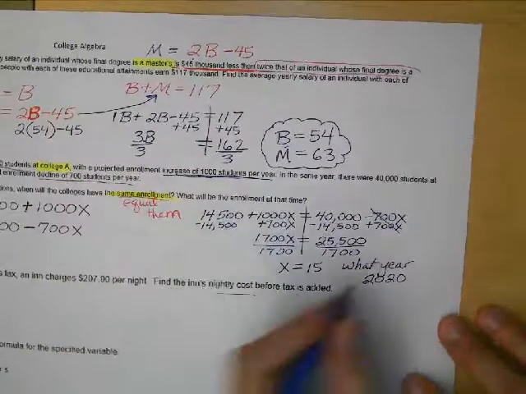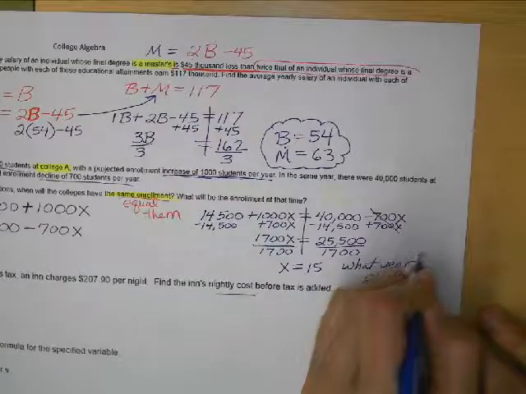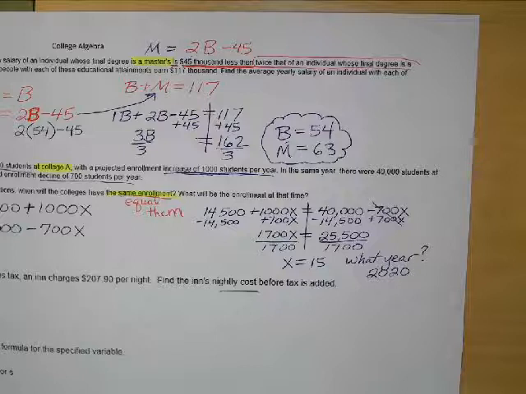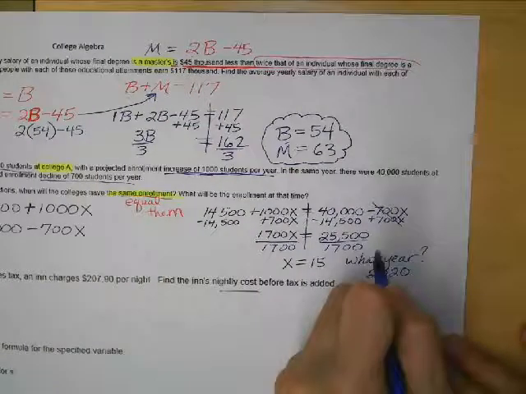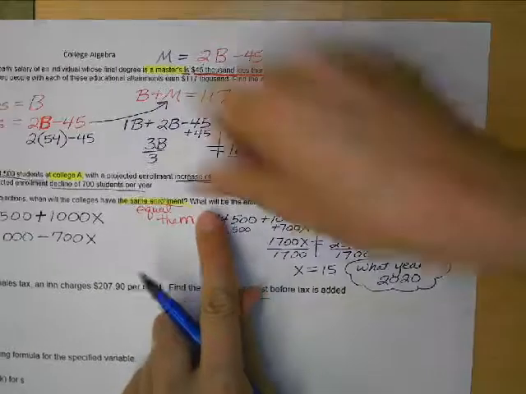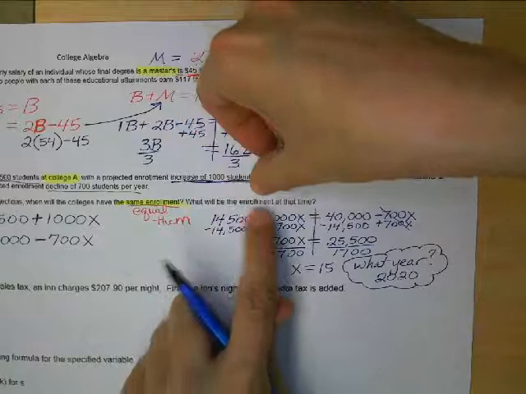That's why I put this one on the note sheet and wanted to talk about it, because sometimes you get the answer X and that's not the final answer yet. They want to know what year it actually was. And then finally, it also has a second part to that. They're going to ask you what year, and we figured that out. And then they also ask, so what will the enrollment be at that time?